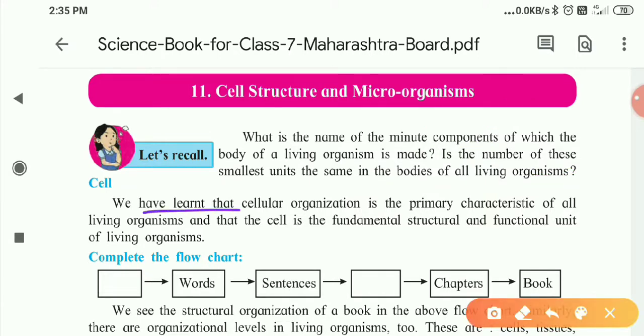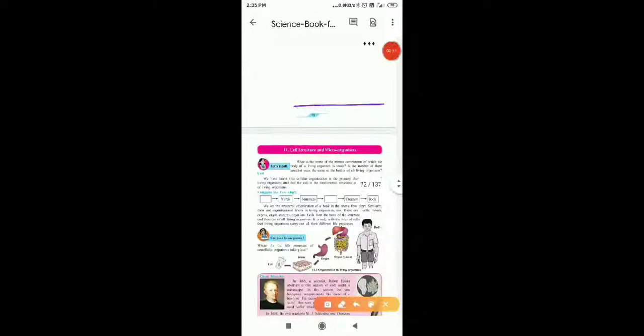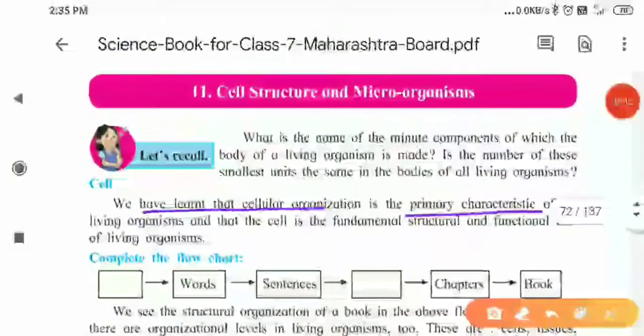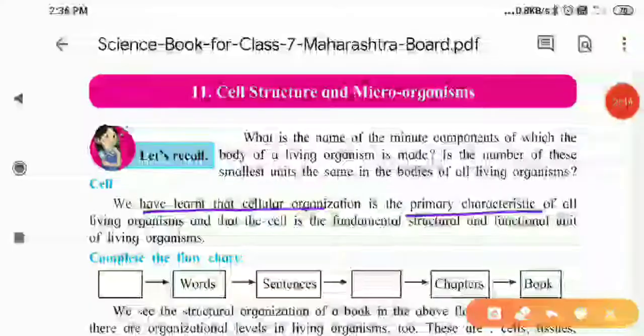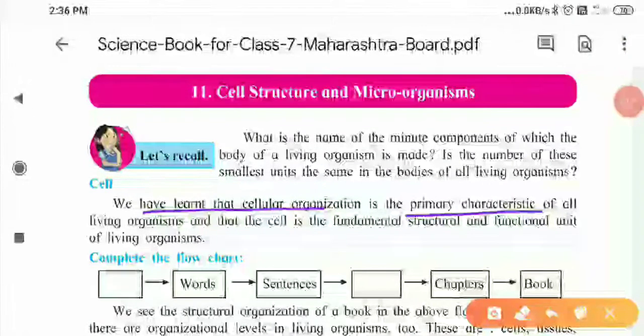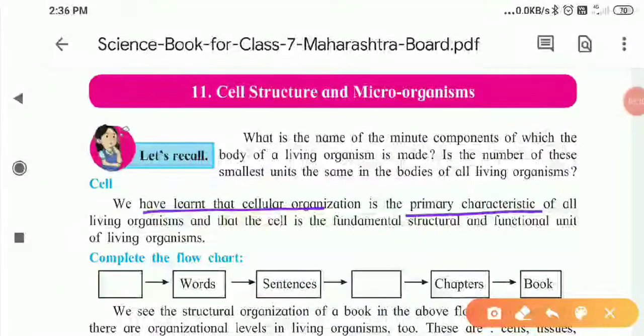We have learned that cellular organization is a primary characteristic. As we know the characteristics of living organisms: the body is made up of cells, and then growth, respiration, reproduction, death.